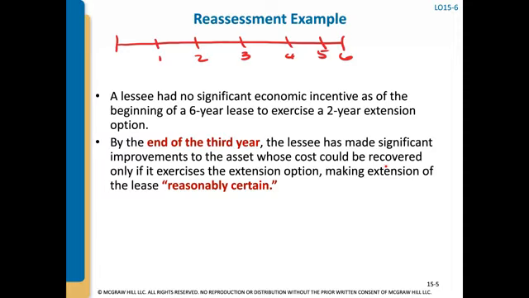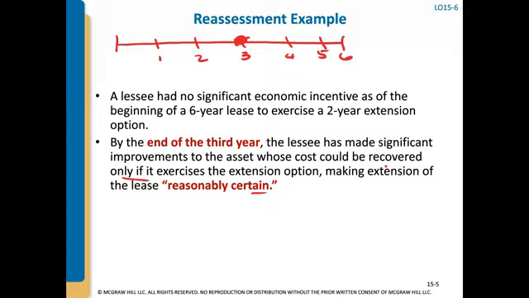By the end of the 3rd year, right here, the lessee has made significant improvements to the asset whose cost could be recovered only if it exercised the extension option, making the extension of the lease reasonably certain.